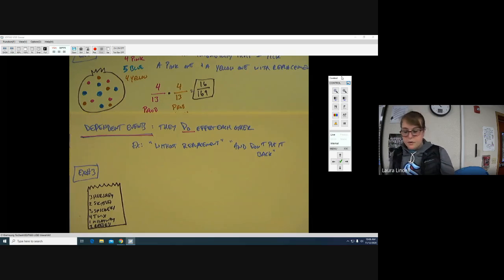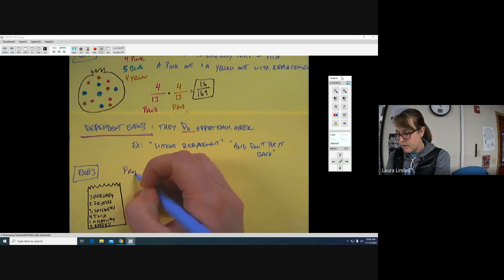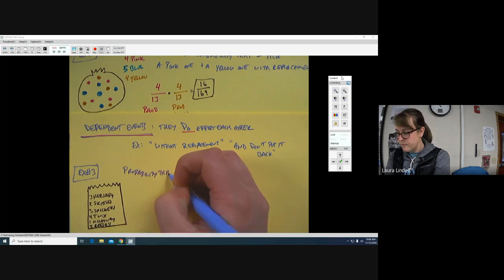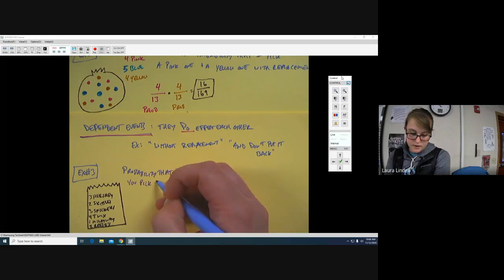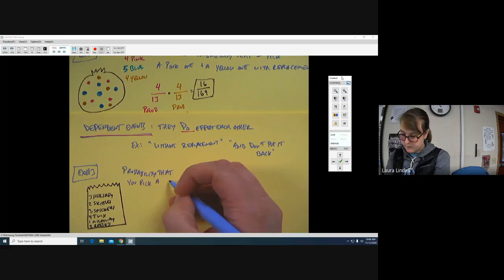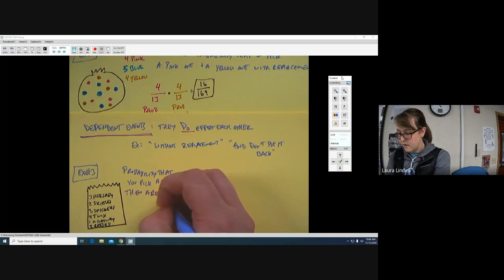Let's see. Let's do, for our first one, we'll go basic. Probability that you pick a Twix, then a Reese's, without replacement.